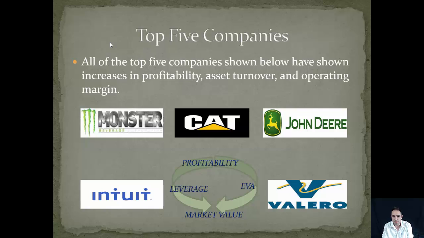The 5 top companies that I've chosen of the 18 total that we started with, all have some qualities in common. They all show increases in profitability, asset turnover, and operating margin.